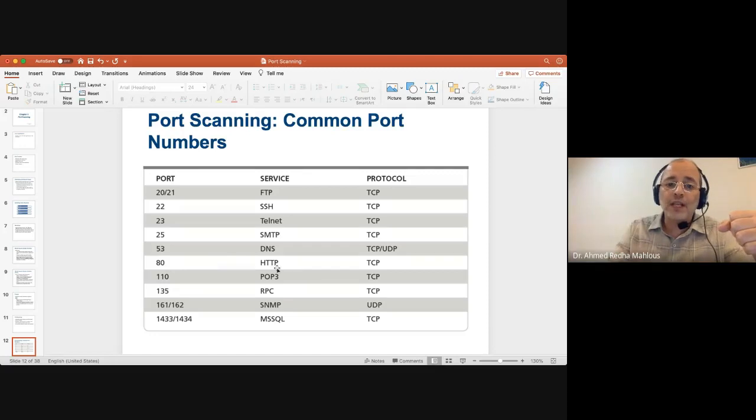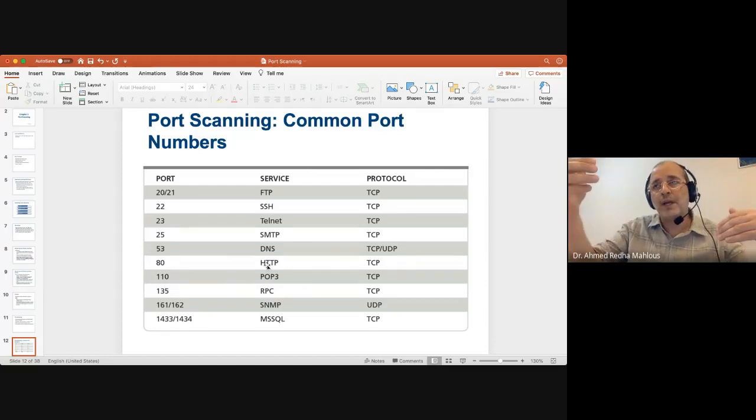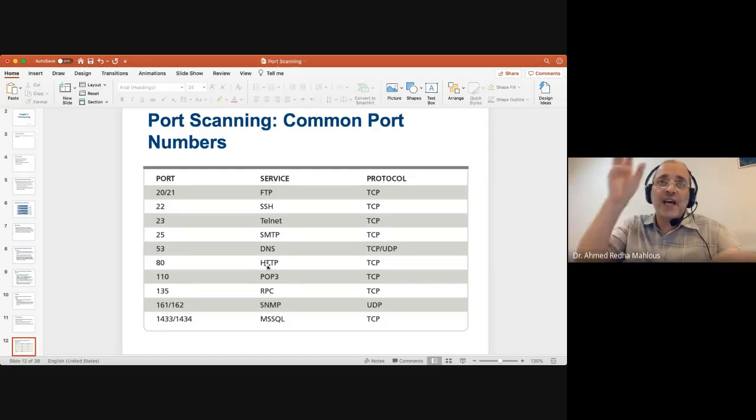Because by knowing, for instance, that I have HTTP version ABC, I know that HTTP has some vulnerabilities. So once I verify that the port is open, I will try to find out the version of the service running on that port.